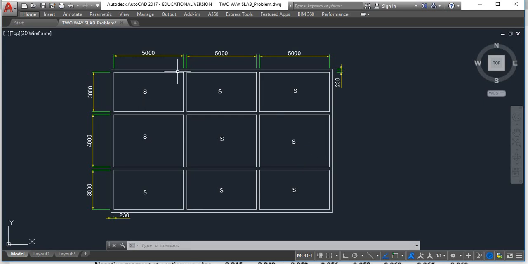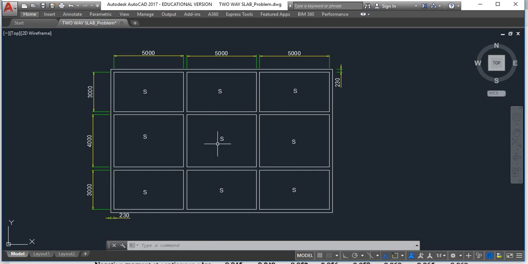All slab panels have 5 meters as the longer span, which is parallel to the x direction of the current plane, and they have shorter spans parallel to the y direction, of which there are two. Two slab panels have a 3 meter short span and the other one has a 4 meter short span.